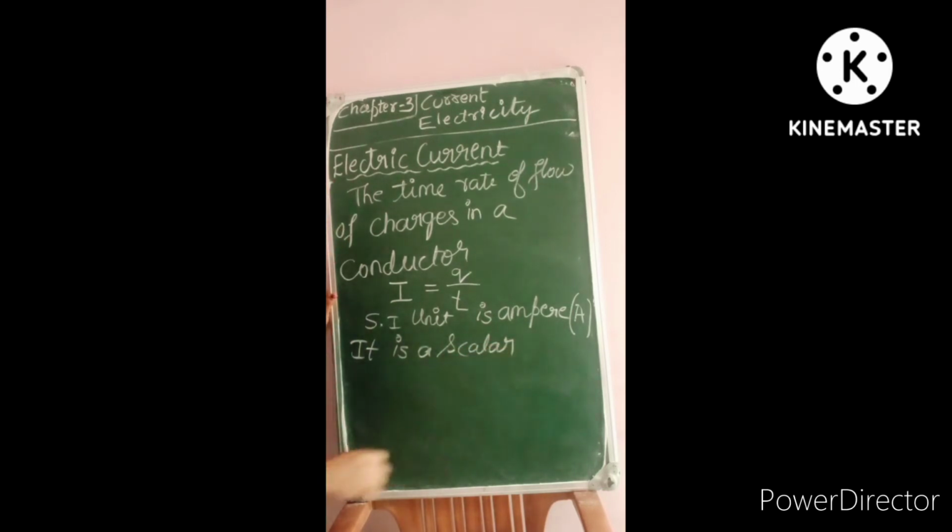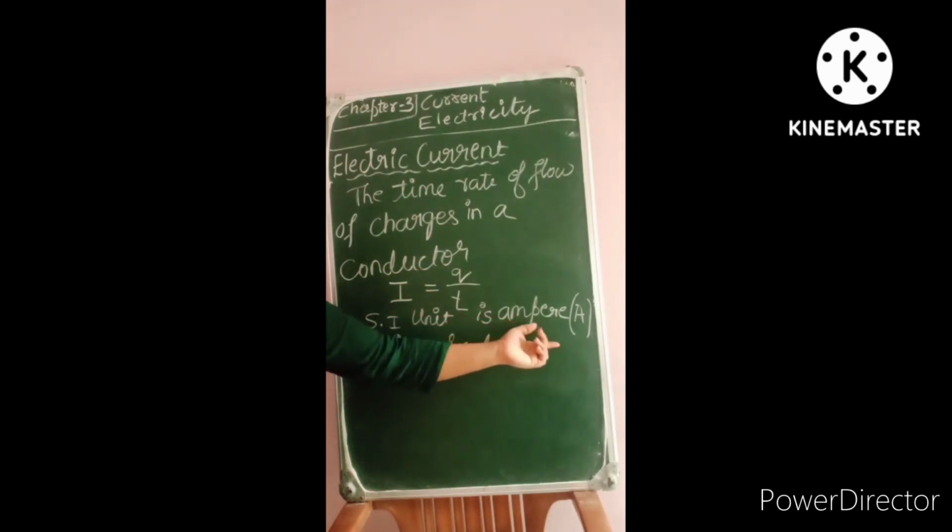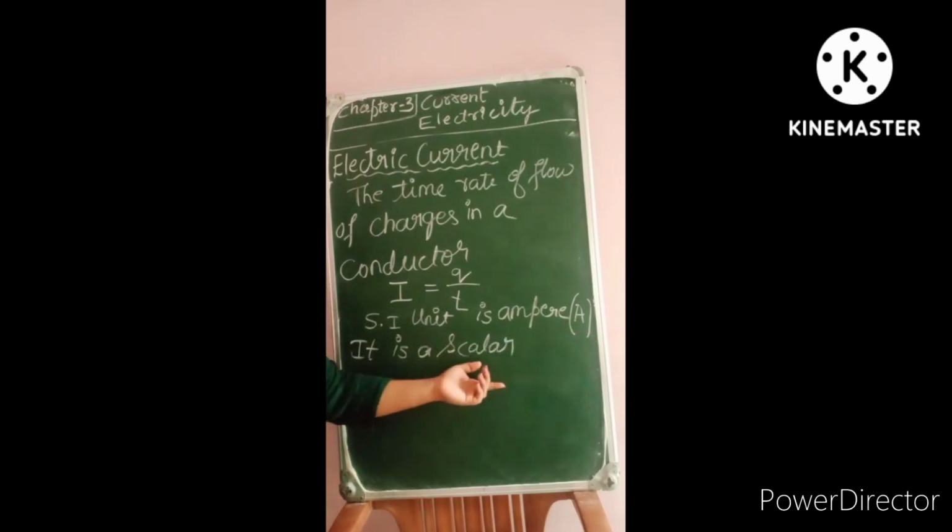The flow of charges constitutes electric current per area of cross section in the conductor. I is taken as the ratio of Q divided by T. The SI unit of the current is ampere, denoted by capital letter A, and it is a scalar quantity.